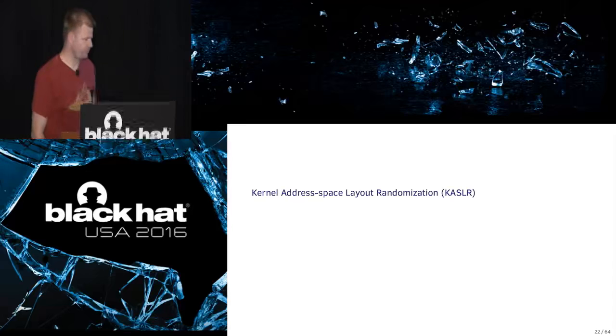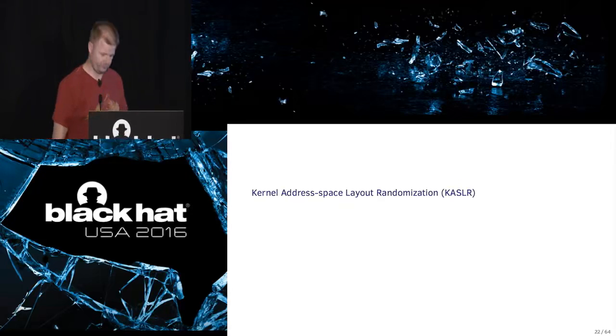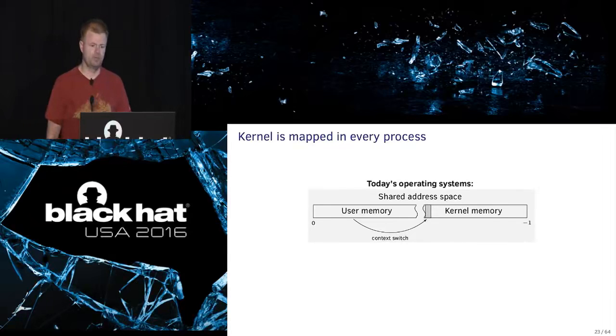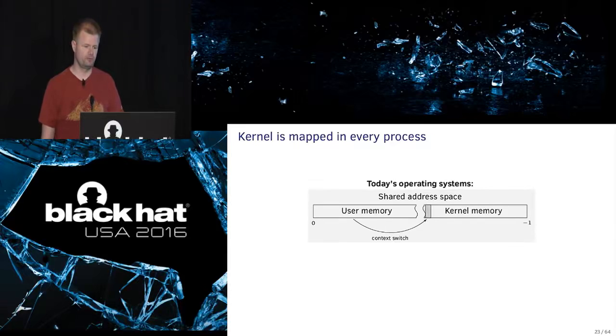So before we can proceed with an attack, we need to know about how modern operating systems use this paging system. The first thing we need to talk about is that the kernel is mapped in each and every process on the system. This is by necessity. It turns out that user applications often use kernel services like reading from a hard disk, stuff like that.